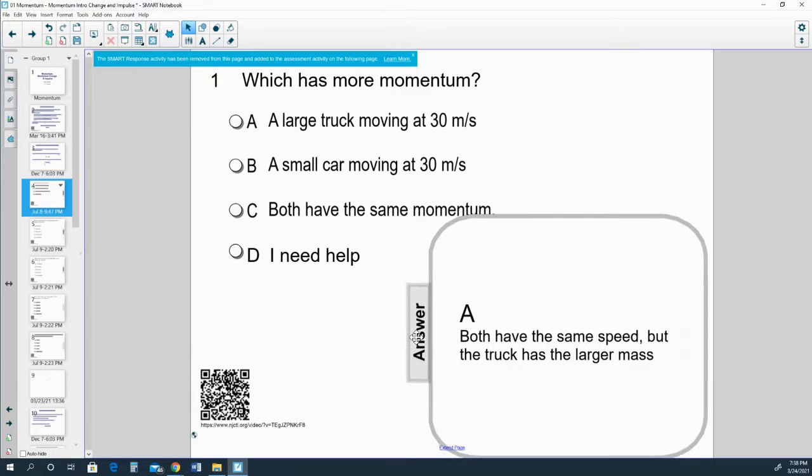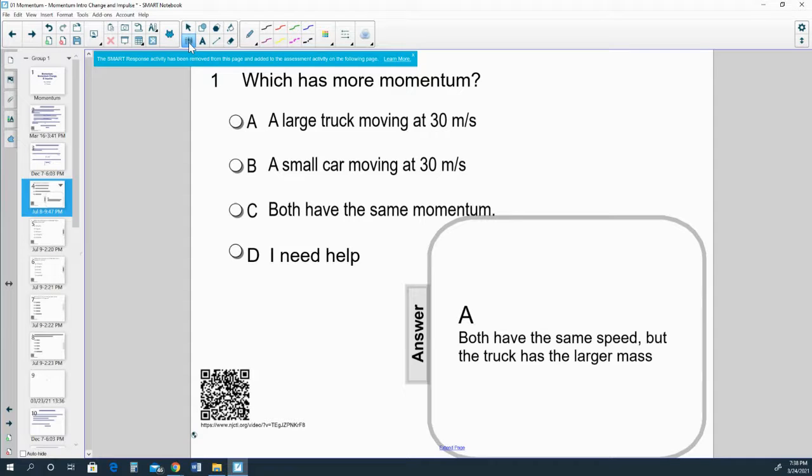In this case, both have the same speed, but the truck has the larger mass. Remember, our equation for momentum is p equals mv. If you increase the mass, you increase the momentum. So since the mass of a truck is larger than the mass of a car, its momentum will be larger than that of the car.